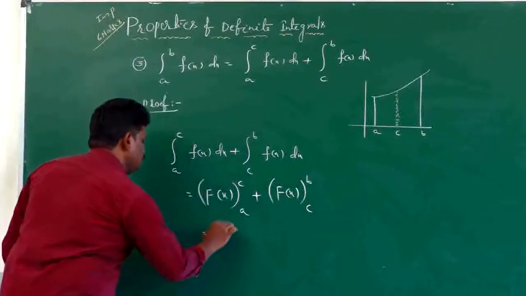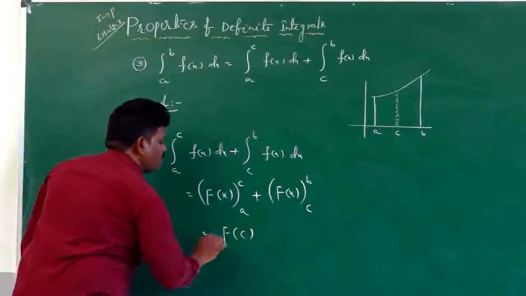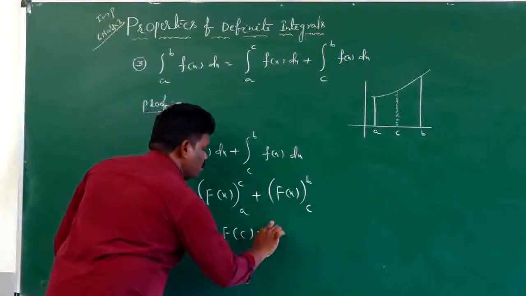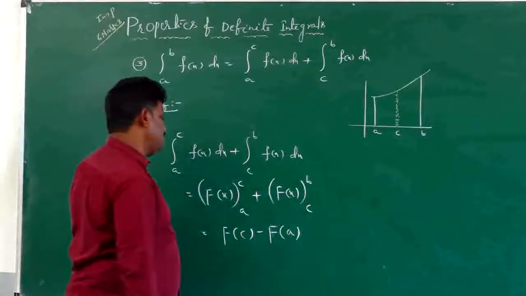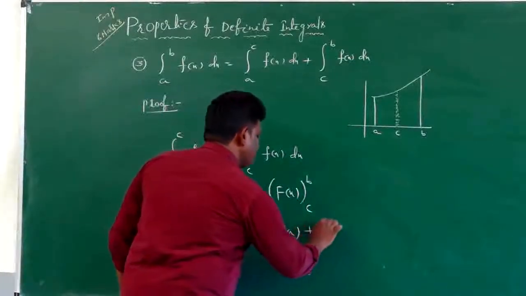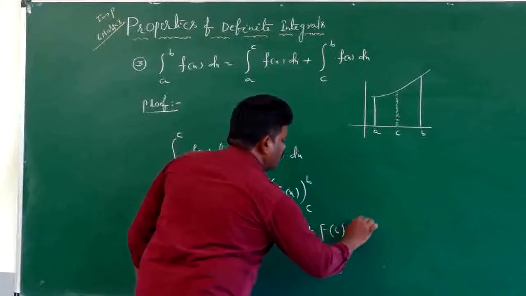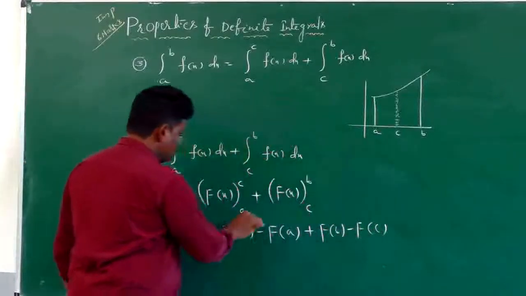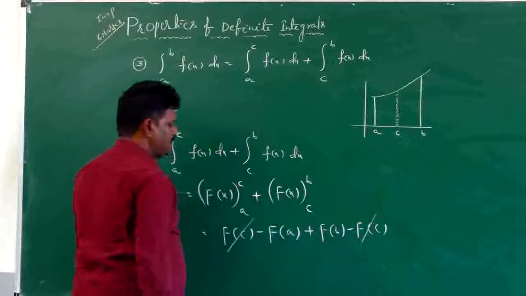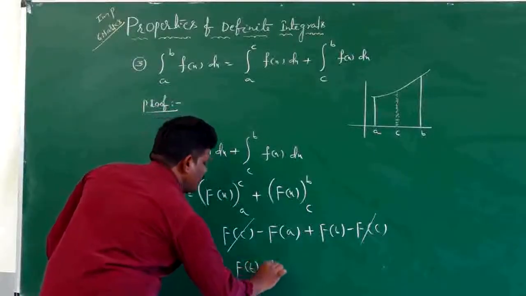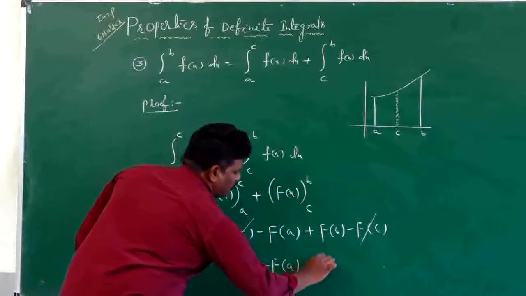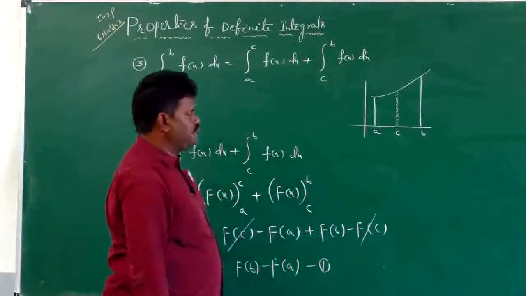That is f of c minus f of a, upper limit minus lower limit, plus f of b minus f of c. Here f of c cancels, and the total value is f of b minus f of a. Now this is equation 1.